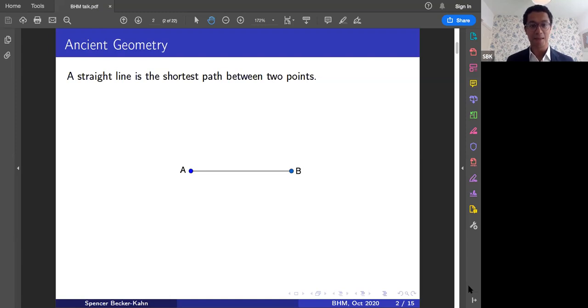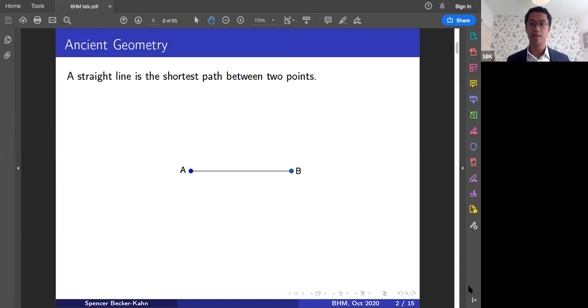So here's my straight line segment from A to B. Of course, I could, in theory, extend the line off that side and extend the line off that side and forget about A and B, and I'd have what you'd call a straight line, but it wouldn't really be the shortest path between anything. There'd be no endpoints. However, anytime I cut a little portion out, what I would see is the answer to the question, what is the shortest path between those two endpoints?